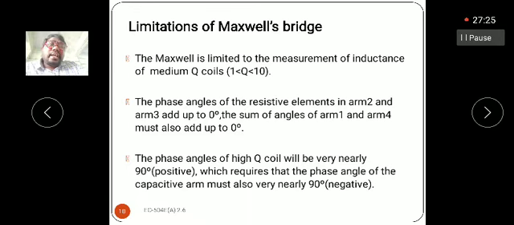The Maxwell's bridge is limited to the measurement of inductance of medium quality factor coils, that is in the range of 1 less than Q less than 10.